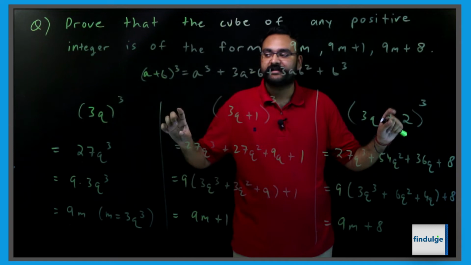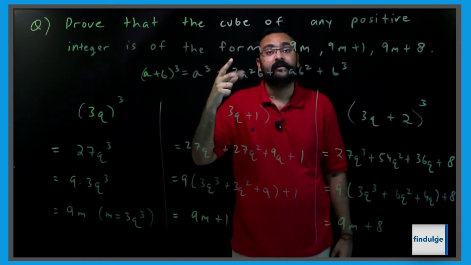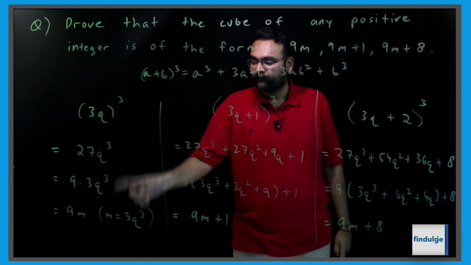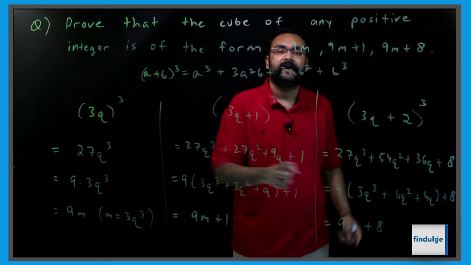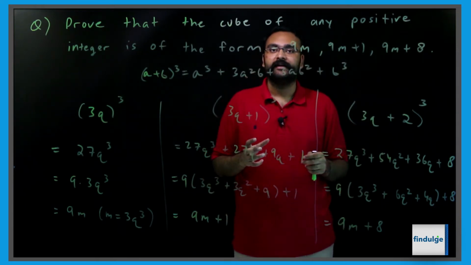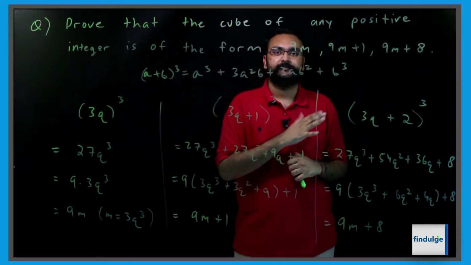Write out all of the cases, case 1, 2, 3 in this case, when we did the 4 question, 4 cases. Do what is given in the question, manipulate your numbers and get to your desired result. So with this, let's move on to Euclid's division algorithm.